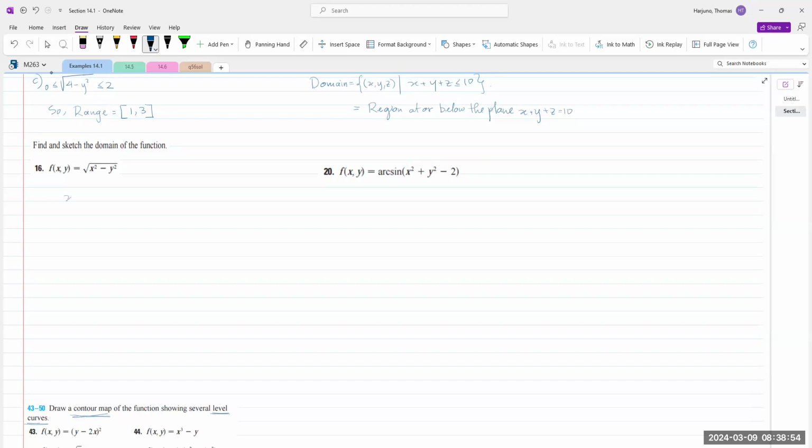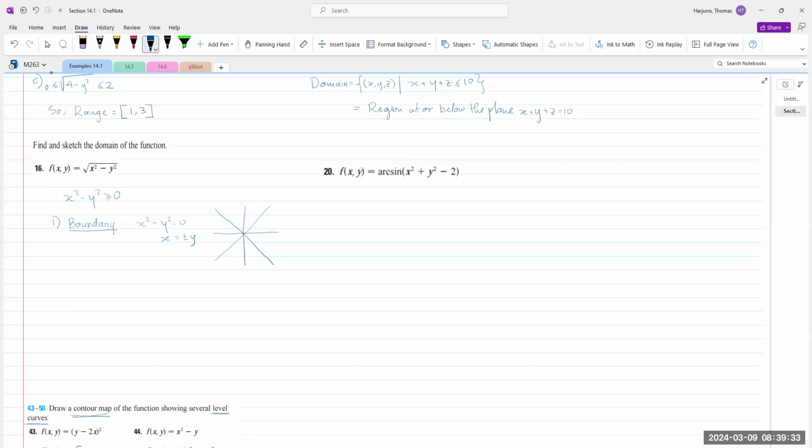Of course, this one we need x squared minus y squared greater than or equal to 0. If we graph this, let's see the boundaries. The boundary will be x squared minus y squared equals 0. You will see x equals plus or minus y, or y equals plus or minus x, which is basically this here. Now I need to do testing points.